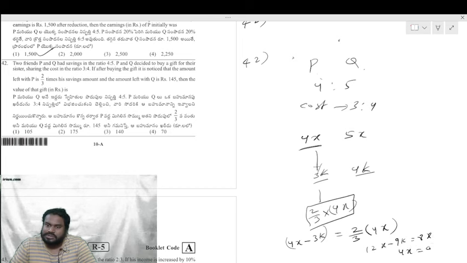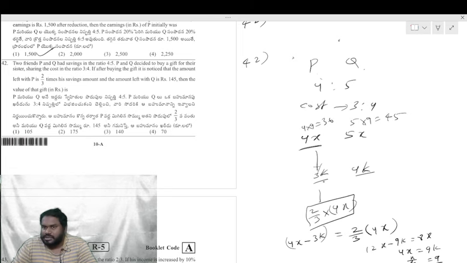So 4x is equal to 9k, so x by k is equal to 9 by 4. Use that in the fractions. So here 4 into 9 is 36, 5 into 9 is 45, and 3k is 3 into 4, 12, 4 into 4 is 16.